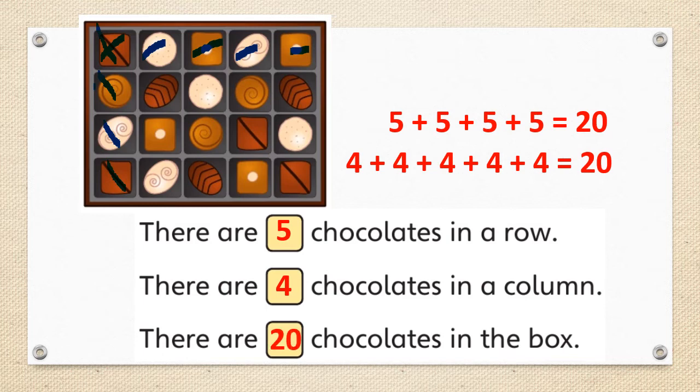So there are 20 chocolates in the box. Can you tell me which strategy have we used when the addends are the same? What is the strategy called? Yes, repeated addition. Well done.